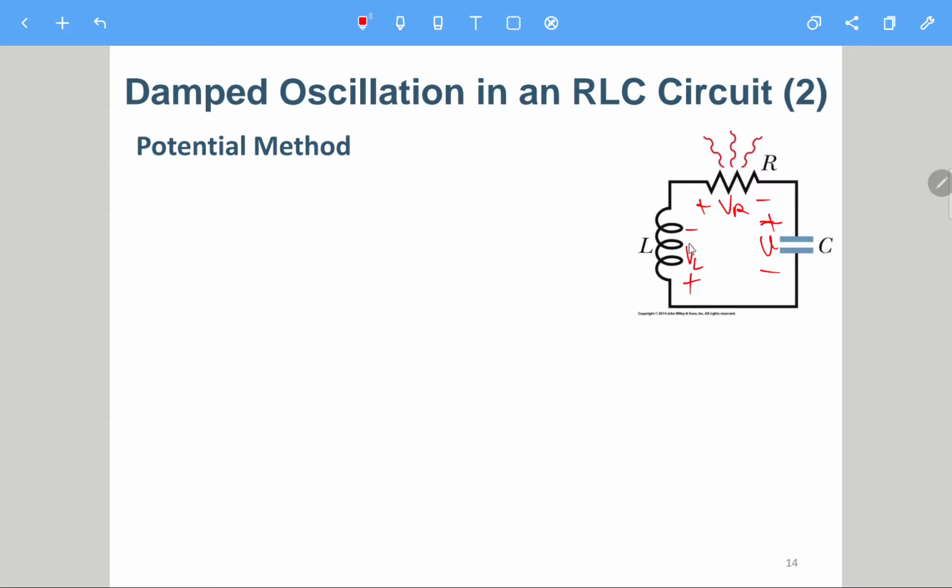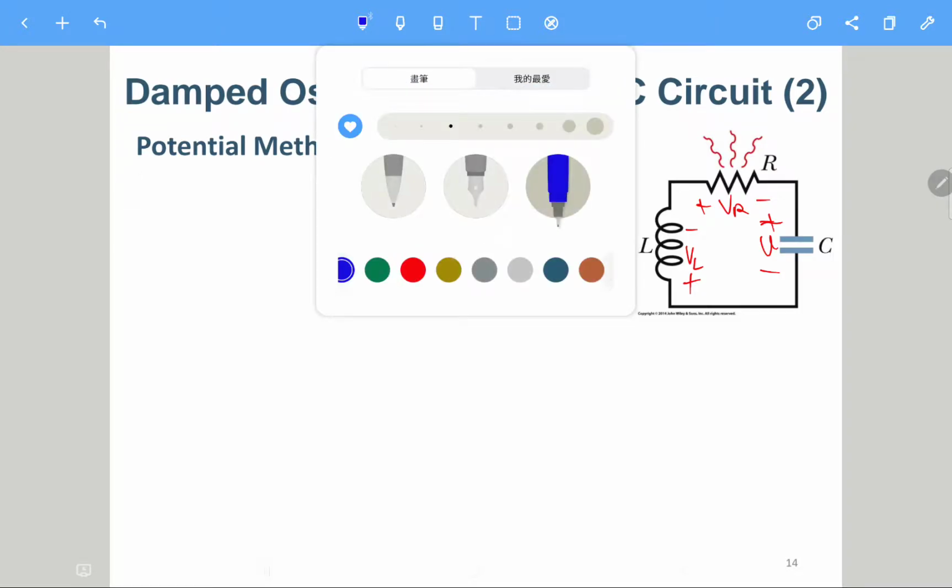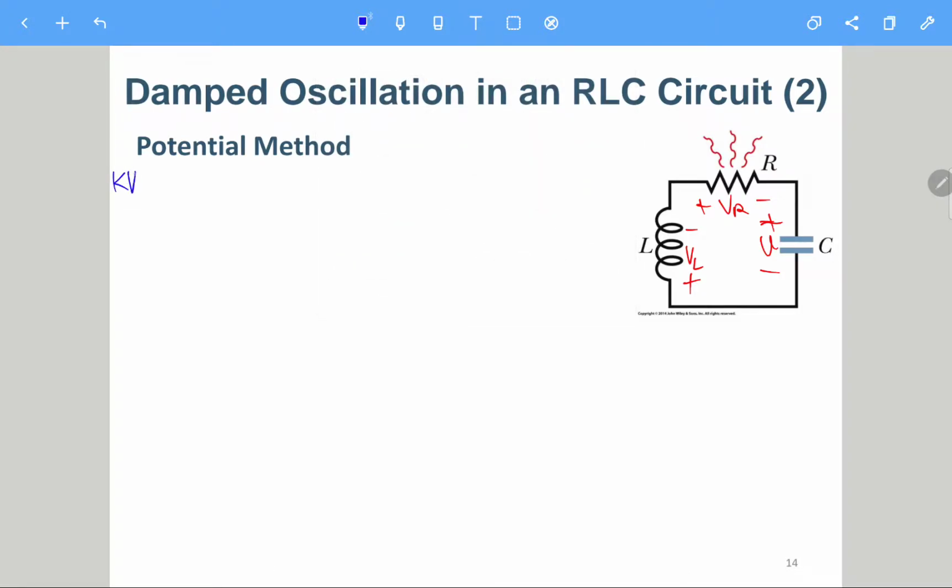When we add these three together, it forms a whole loop, which should be 0. So by using the KVL, we have VL plus VR plus V equals 0. Of course, you can say this is VC, but let's just use V here.